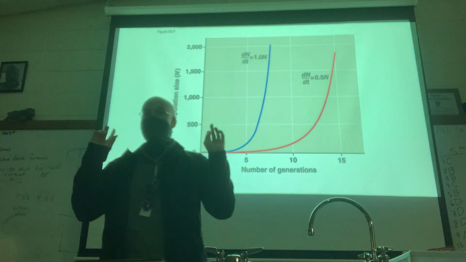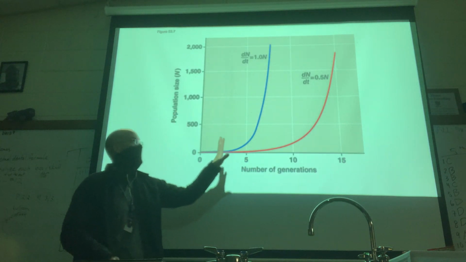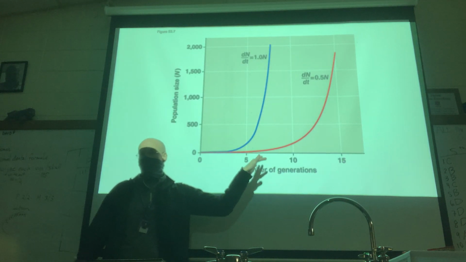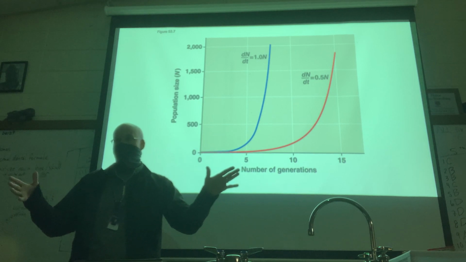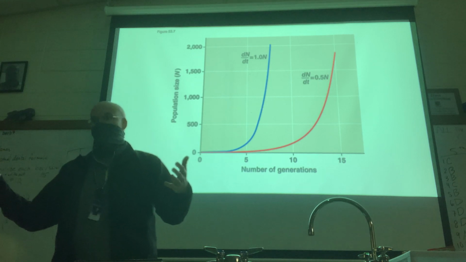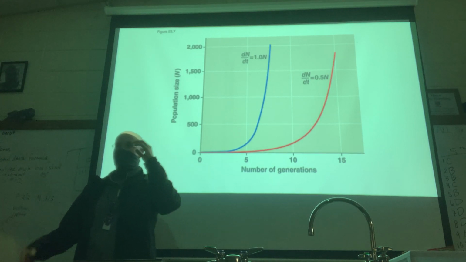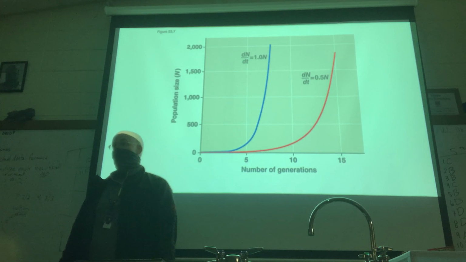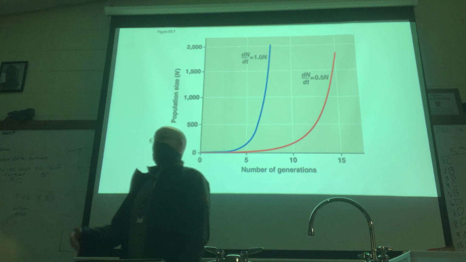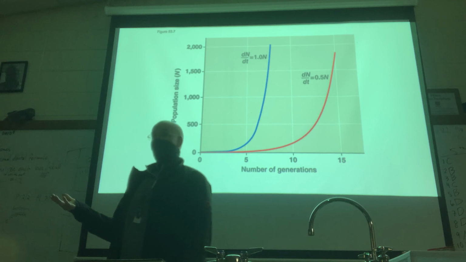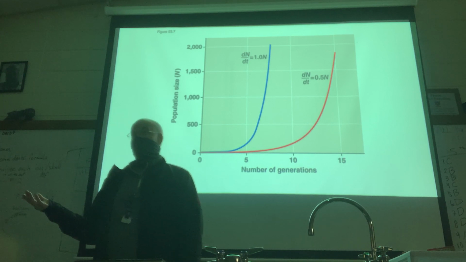Now, life is capable of exponential growth, but this is a very idealized and oversimplified look at what a population actually does in nature. Because what happens to any population that's experiencing exponential growth? In real life, what's going to happen? Yeah, you're going to hit a point where what happens?